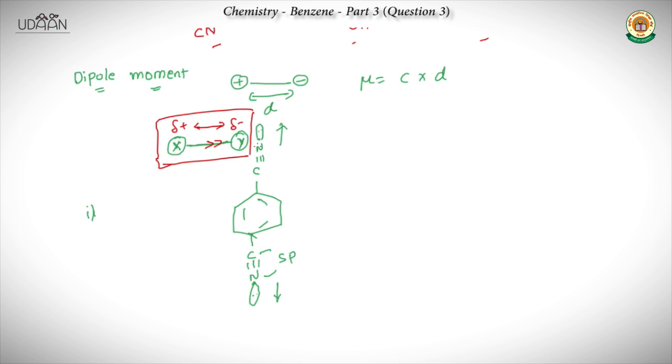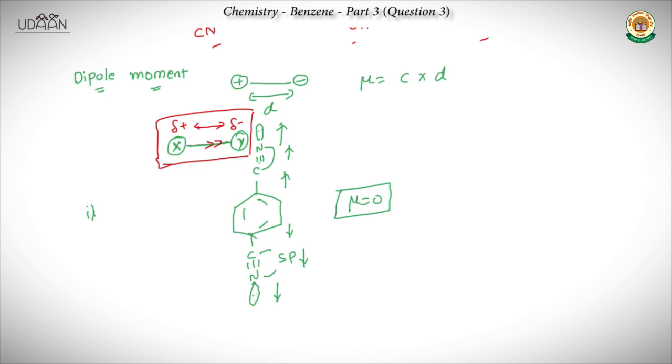The compound is perfectly symmetric. The dipole moment due to this bond, which is the nitrogen and carbon bond, cancels, and due to this one, which is a triple bonded carbon and a double bonded carbon, here also the same thing, both cancel each other and we get a net dipole moment of 0.